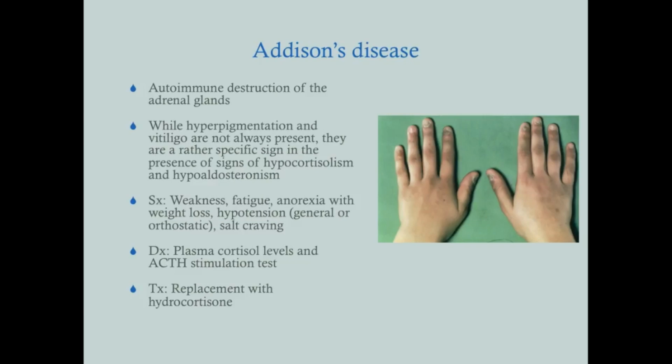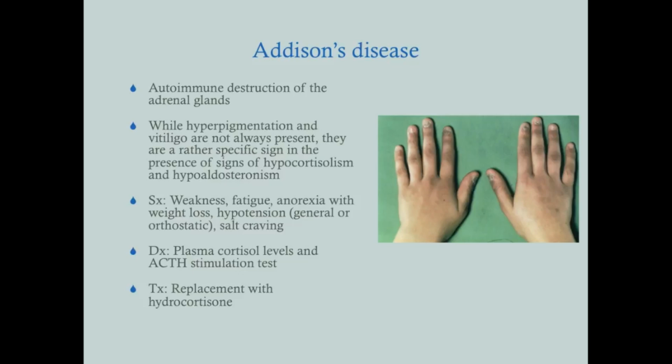So workup, you want to get CMP, CBC, get thyroid tests, prolactin levels, and you can get autoantibody testing as needed. You should, and this I didn't put on here, but you should probably get a chest x-ray if you suspect Addison's disease or some kind of adrenal insufficiency, because tuberculosis can infiltrate into the adrenals and cause adrenal failure that way.